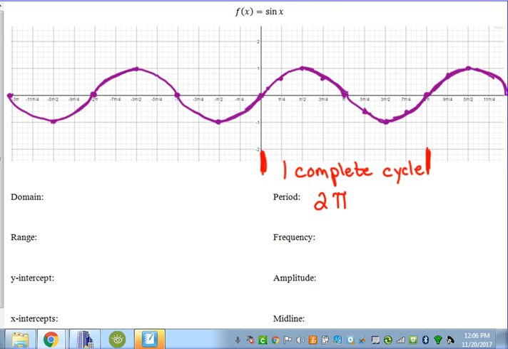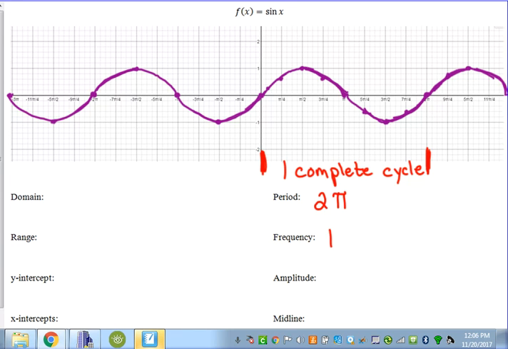The frequency is how many cycles are completed in 2 pi units. So the standard frequency is 1. Today and tomorrow we'll start looking at not just the sine of x, but the sine of 2x and moving it around and stuff like that. So it'll change that frequency.